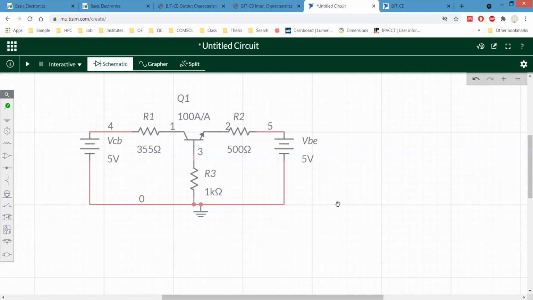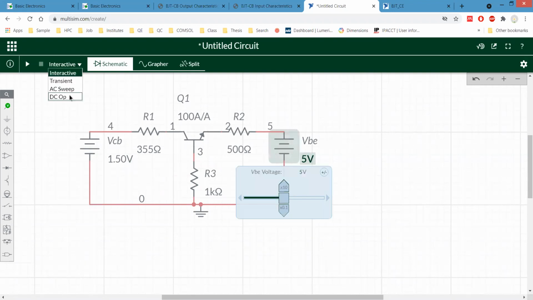Yes, we have to consider, let's say, VB as 1.5 volt, VCB, and for that one we will change the value. As the DC sweep option is not here, you have to note down the values.